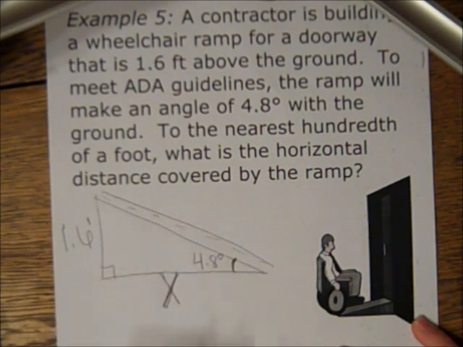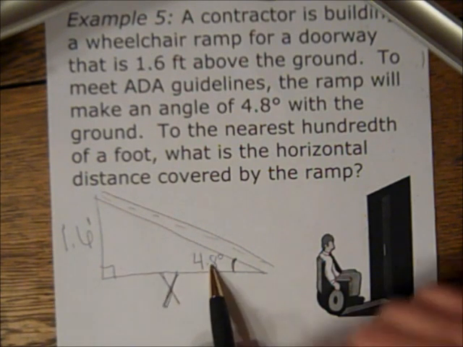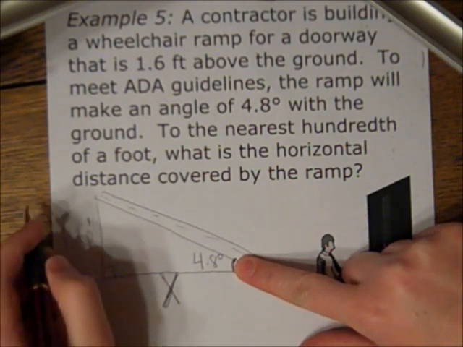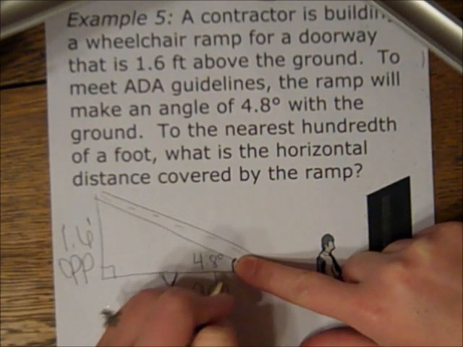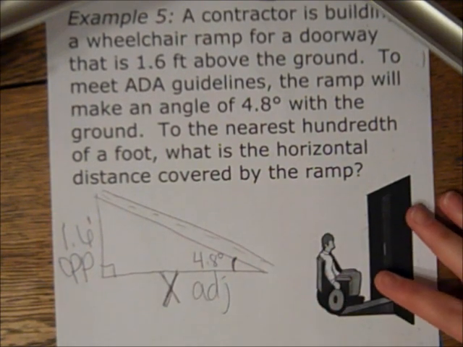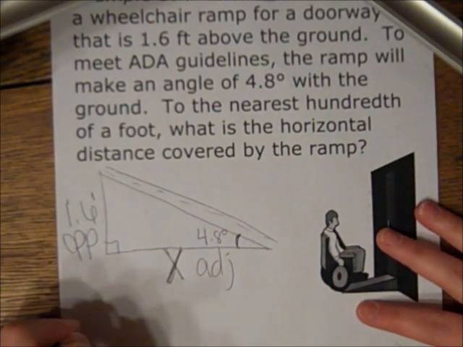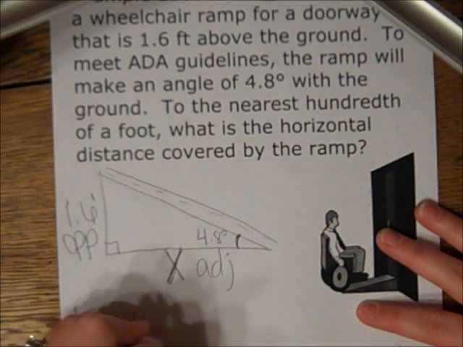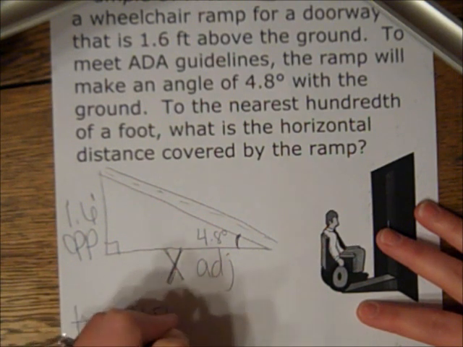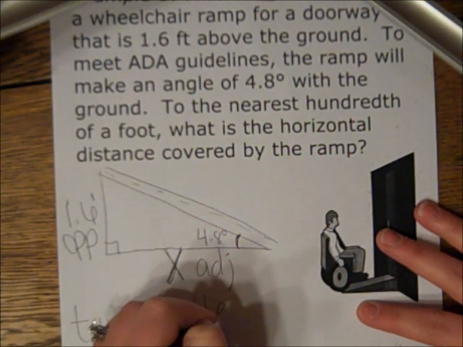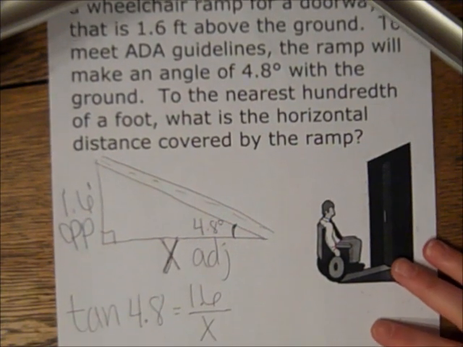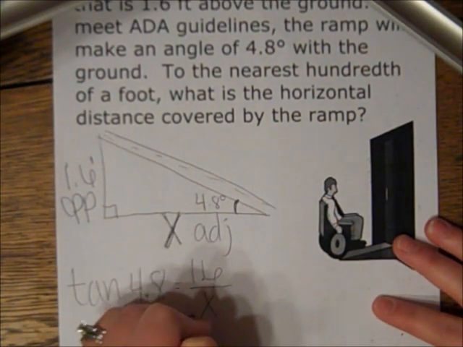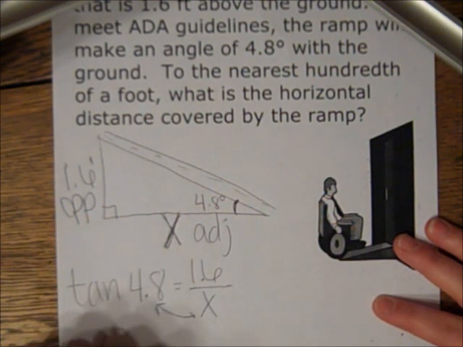Okay, so let's look. According to the 4.8, this side is opposite and this is adjacent. So if I want to use opposite and adjacent, I would say tangent of 4.8 equals opposite over adjacent. The variable is on the bottom, so I am going to switch and divide.